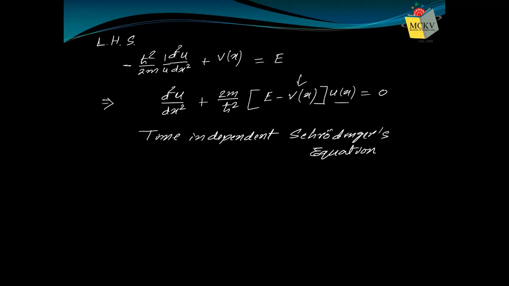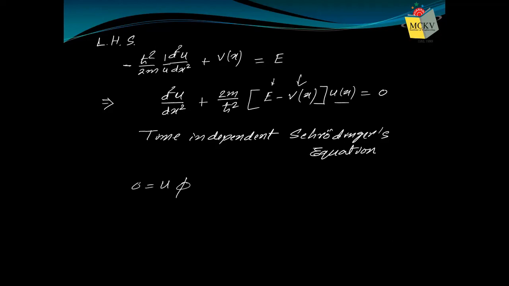So what you'll do, you need to know the value of V under that condition, and then you can solve for u. Once you know u, automatically energy will be known. Once energy and u are known, phi is also known. Then psi will be u into phi.